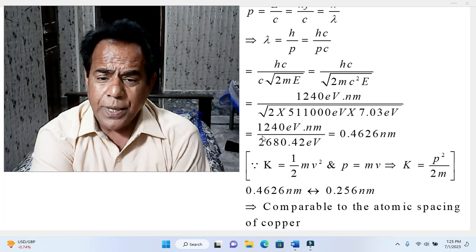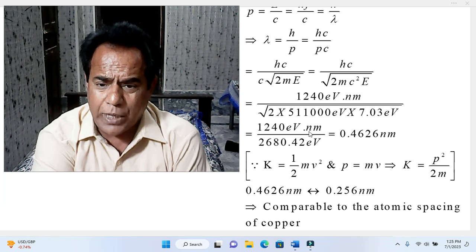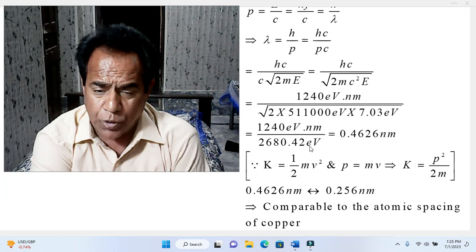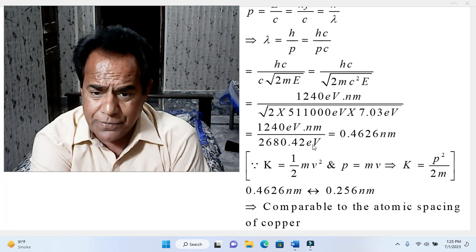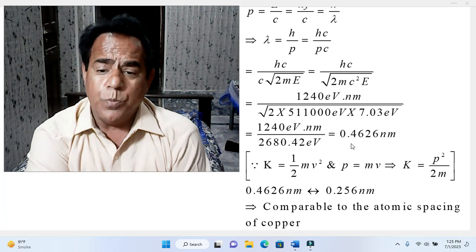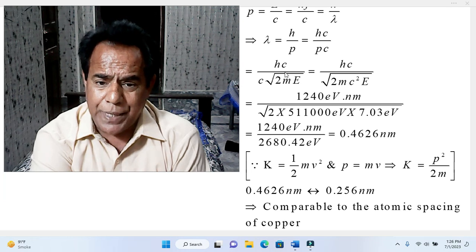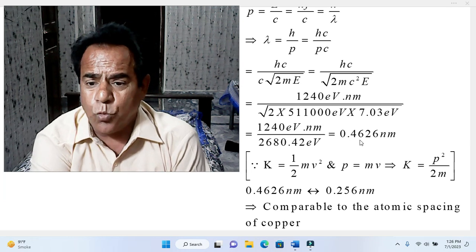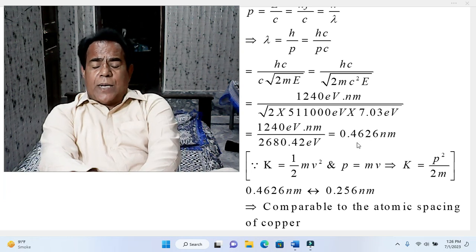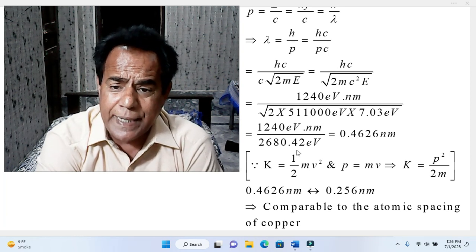So our solution becomes 1240 electron volt nanometer over 2680.42 electron volt. This electron volt cancels with that electron volt, and our solution is only in nanometer. That is, our wavelength lambda will become equal to 0.4626 nanometer.